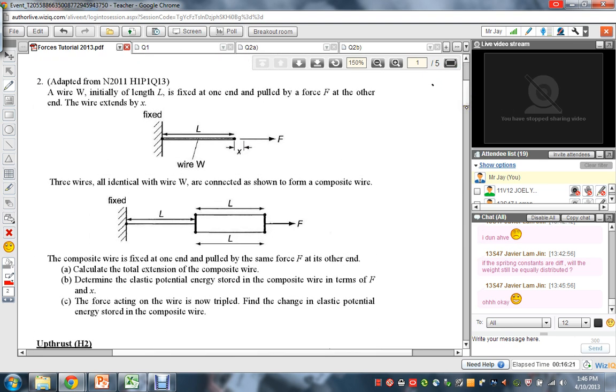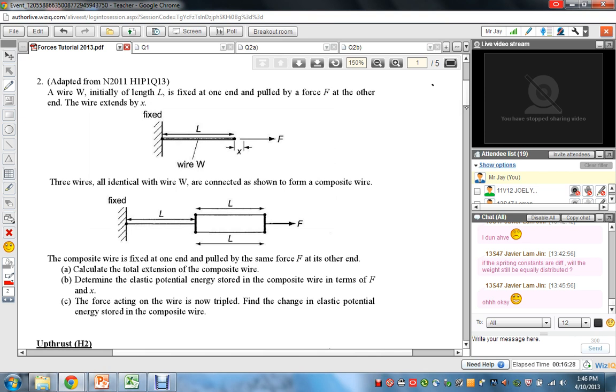A wire W of length L is fixed at one end and pulled by a force F at the other end. The wire extends by X. So the important information here is this. Let me use a nicer highlighter color.